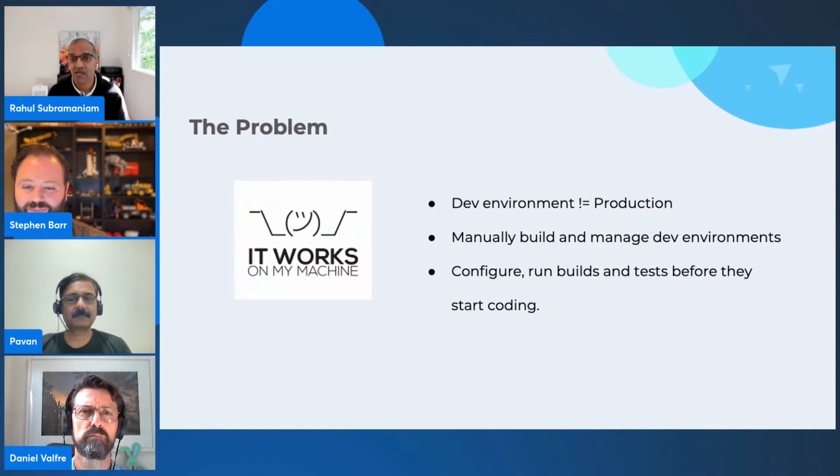They're just different, and every developer has a unique setup, and you just have to hope and pray that what you build on your local machine continues to work when you deploy it into production.